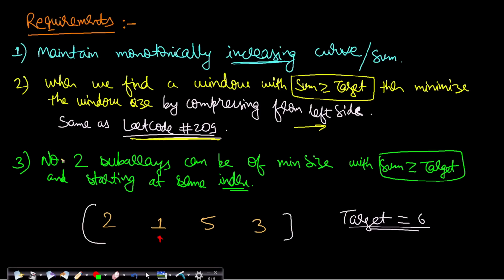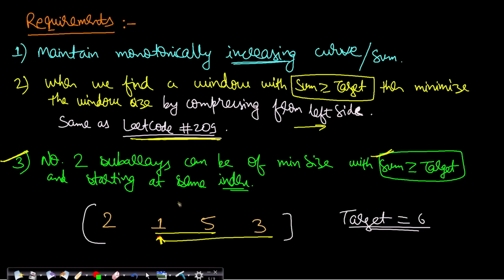Okay, now this is an observation, may not be required here, but I have written it for simplicity, that no 2 subarrays can be of minimum size where the sum is greater than equals to target and starting at the same index. So if I say what are the subarrays starting at this 1, the subarrays will be 1 5, 1 5 3, which is starting at this 1.